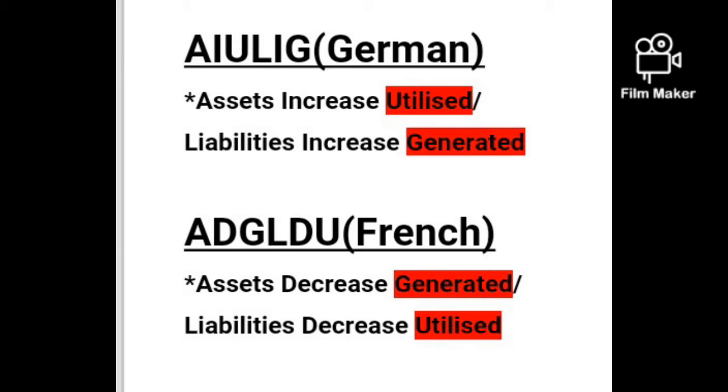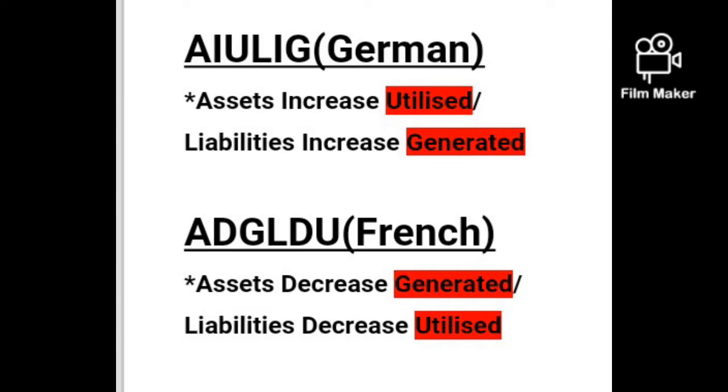AULER is an abbreviation of assets increase utilized and liabilities increase generated. The two keywords there are utilized and generated. Utilized is when something is being used or when money is being paid out to other parties. Generated is when money is being received.